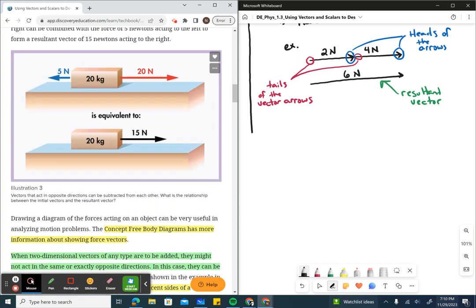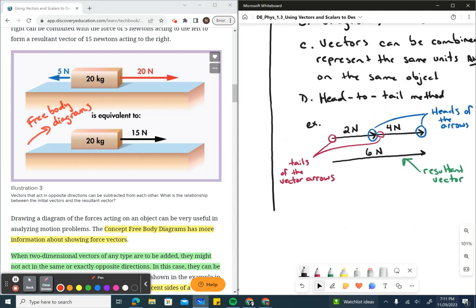This is a free body diagram. These are free body diagrams. Okay, so let's go ahead and write that down over here.